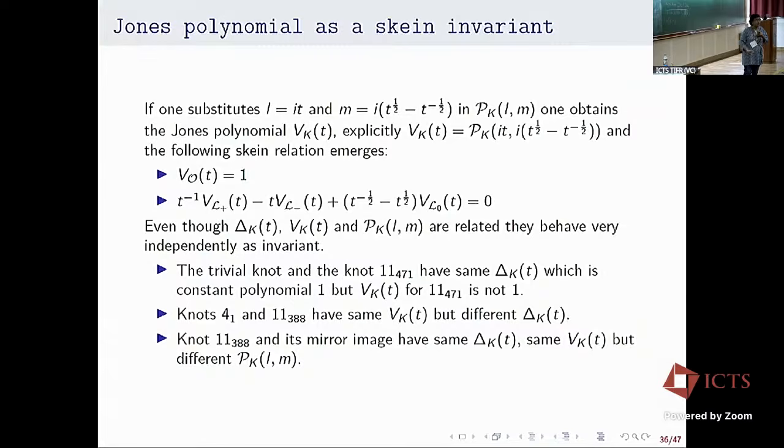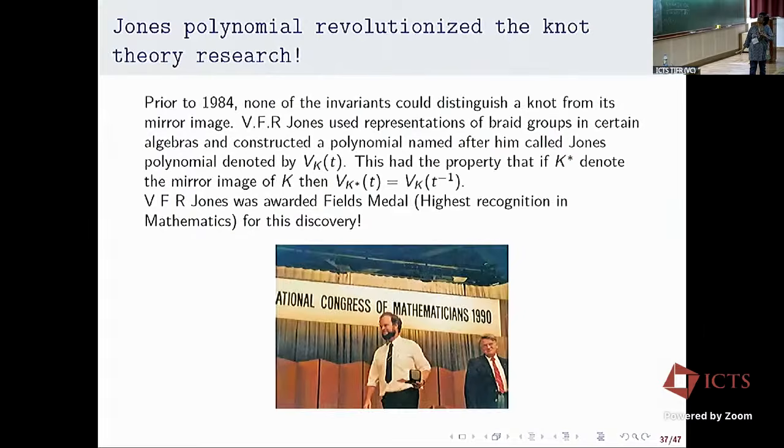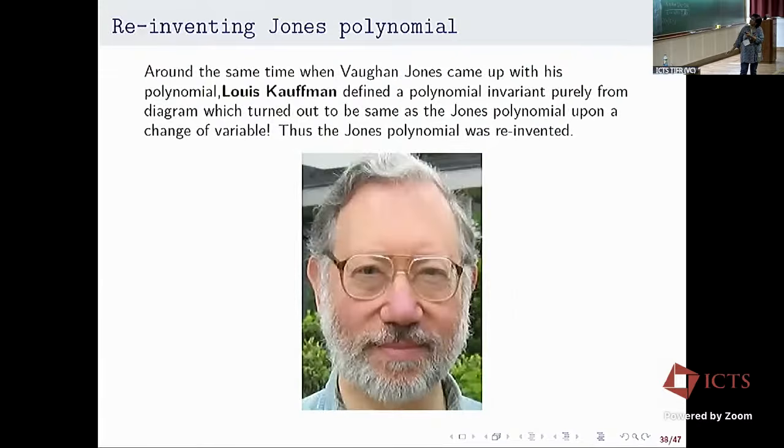And also all the Tait conjectures, which were not proved for 100 years, were all proved using the Jones polynomial. And this person, Vaughan Jones, who discovered it, got the highest award for mathematics, the Fields Medal, given to him in that year. So this was a very powerful invariant.